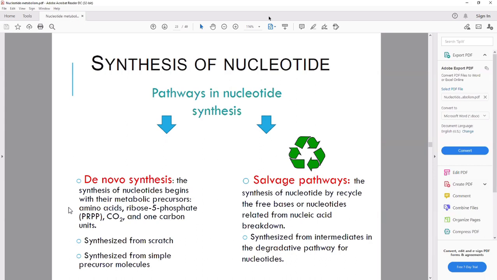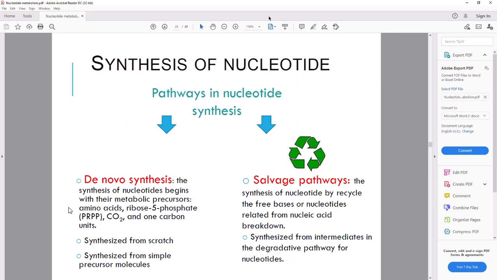They are going to be used to produce AMP, GMP, and IMP.